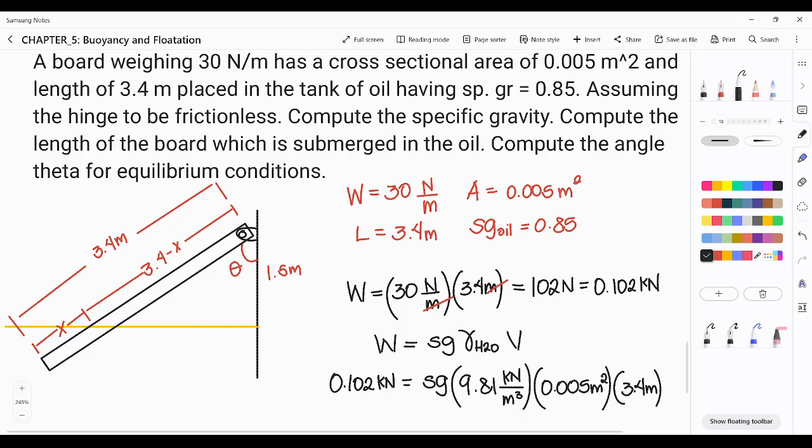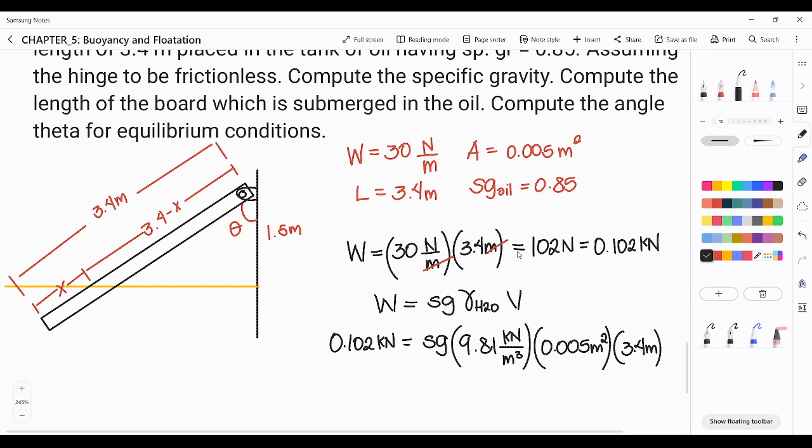Alright. Ayan. Okay, tapos, makukuha na natin yung specific gravity. From here, cancel out lahat ng units. Cancel yung kilonewtons, as well as itong cubic meters. And from here, makukuha na natin yung specific gravity.